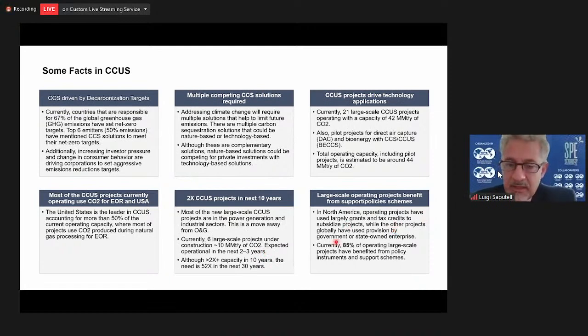Okay. Now, there is another trade-off here, which is that CCUS projects by themselves are not economical. In North America, about 85% of the projects so far have benefited from policy instruments and support schemes.